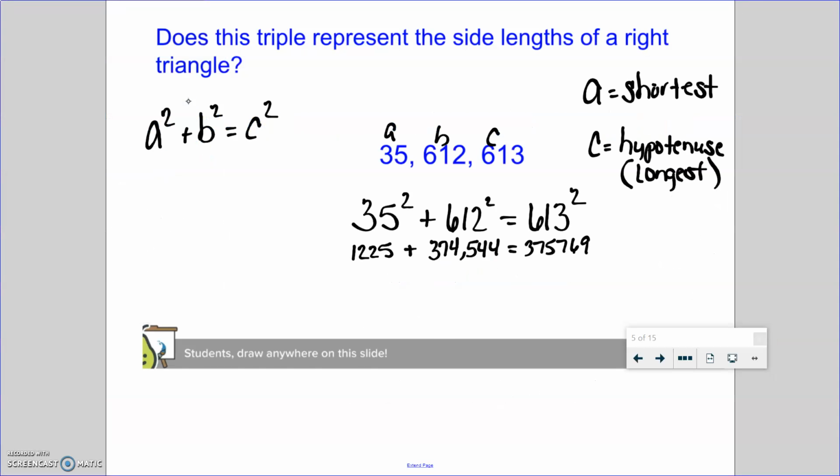Okay. So we're going to follow the Pythagorean theorem and add those together. And we get 375,769 is equal to 375,769. So if they end up equal to each other, then it is true. This is a right triangle.